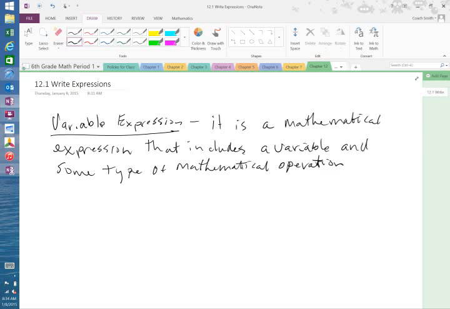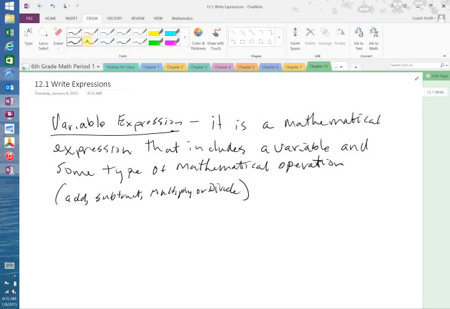Now when I say mathematical operation, we're talking about add, subtract, multiply, or divide. That's what we're talking about when I use the words mathematical operation. Hopefully you remember that, but just in case you don't, there it is. We're going to talk about writing expressions that meet that.